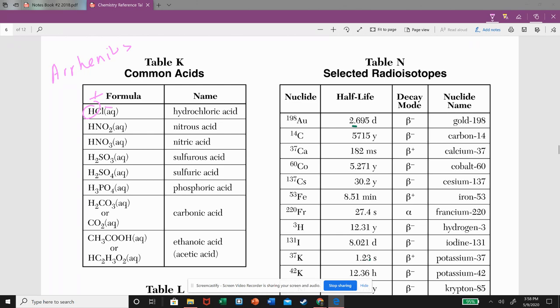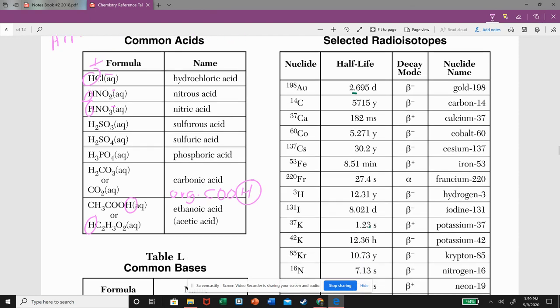With our nitrous acid and nitric acid, we have the H plus with the negative nitrates. Then we have our organic acids, with the COOH, and that's where our H plus is. Those are our common acids, again with a pH less than 7, in the acidic range.